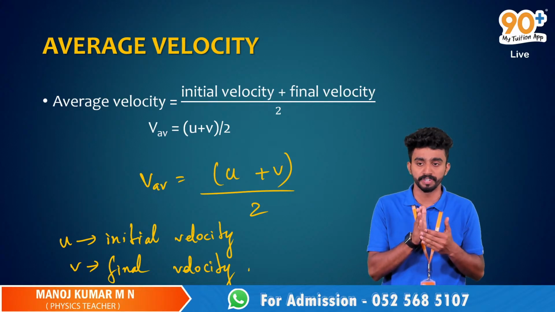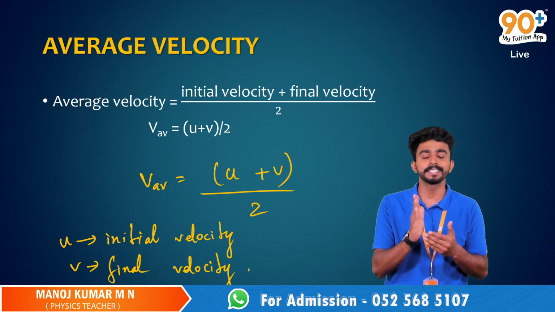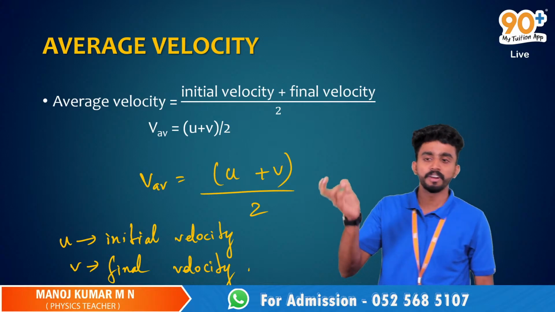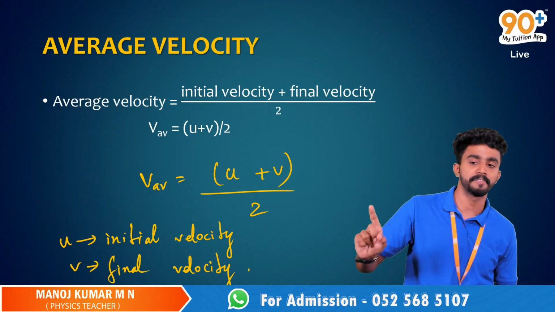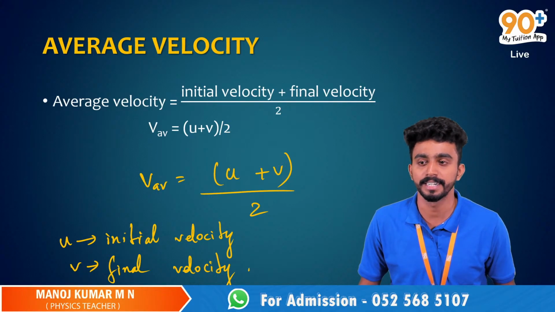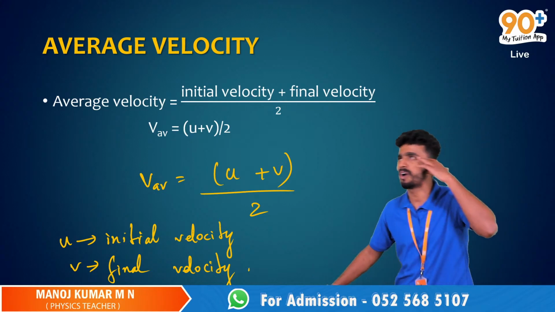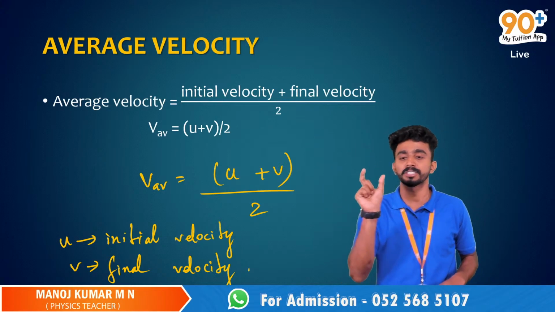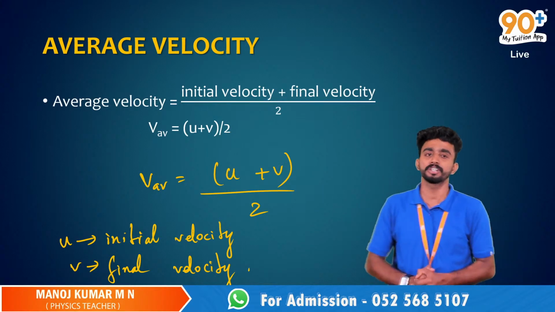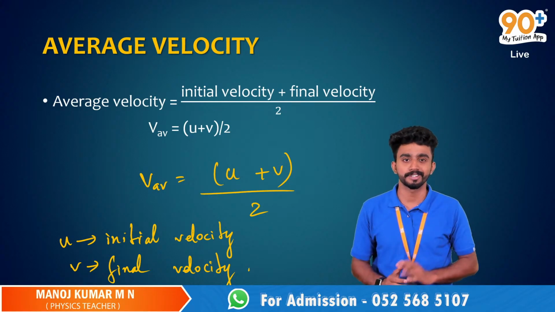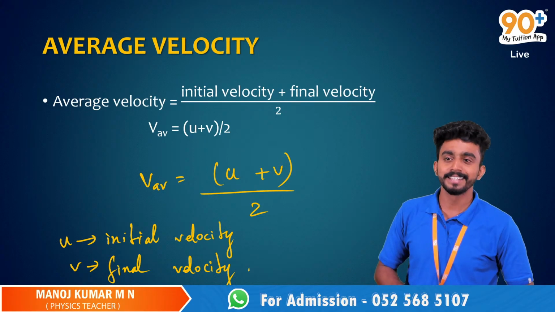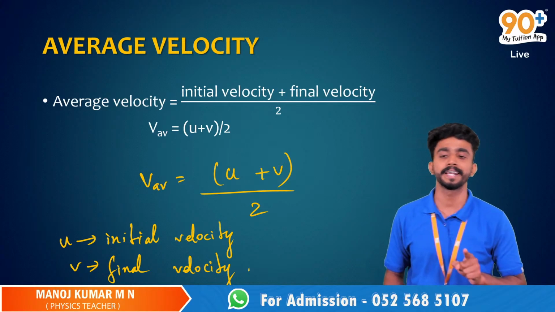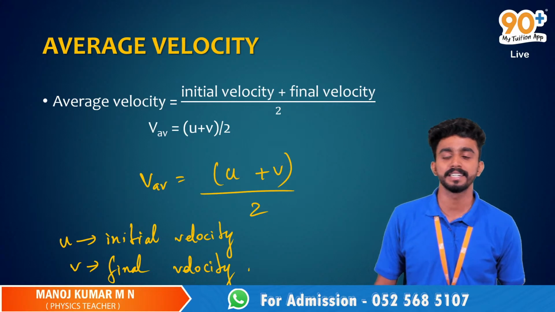At that point, initial velocity will not be 0, it will have a particular value. When we discuss some numericals or problems, you will understand it in a better way.